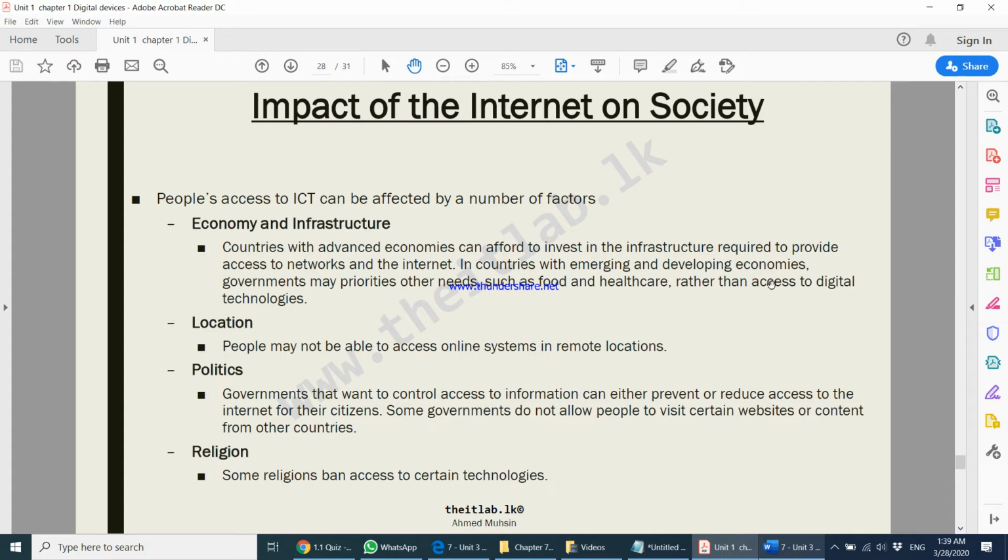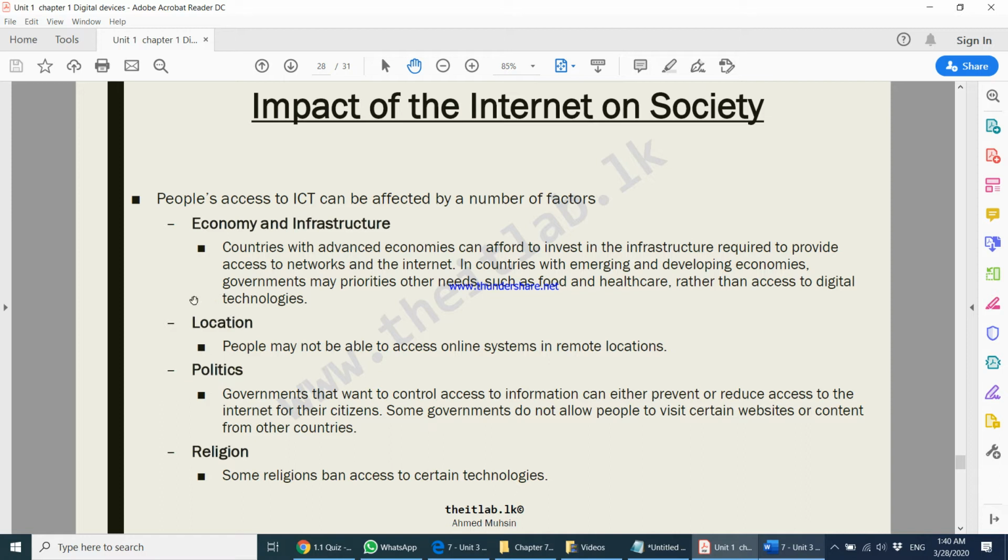Okay, so developed countries may have the economy and infrastructure for people to access the internet and to have good digital devices. But in developing countries, those countries might be focusing more on food and healthcare rather than on digital technologies. Okay, so one reason for this digital divide to exist is economy and infrastructure.